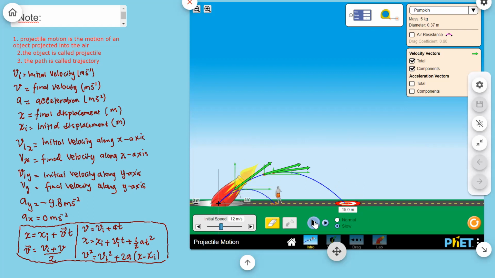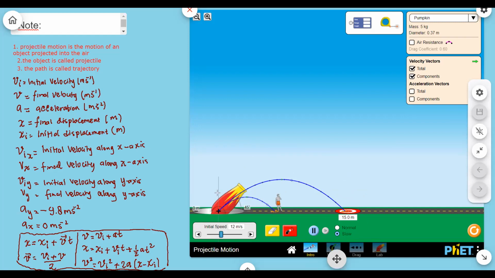So we can start from the initial velocity. Now here, we can put the arrow to analyze the initial velocity, for example, like this.